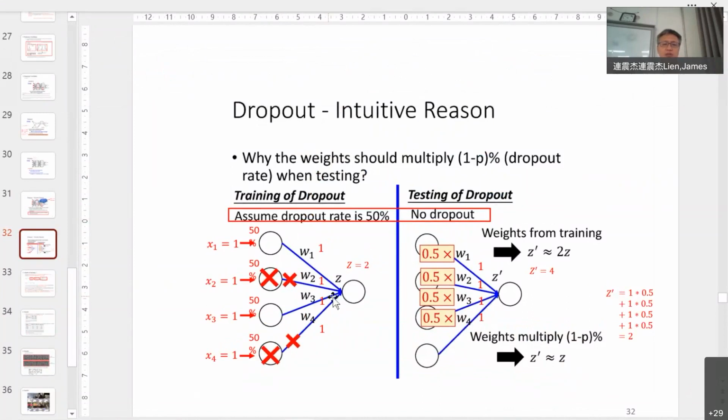Training we do dropout, but for the test, we use the fully connected network without dropout. Okay.